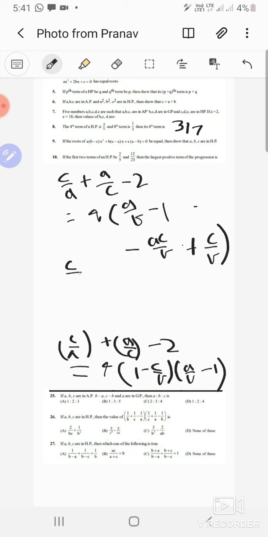So that gives me c upon a plus a upon c is equal to 4 into something upon b. Fine. I don't know where we are going with this. Maybe we should not have been doing it like that. This is very weird. This is supposed to be minus 4 over there. That's going to give me plus 2.